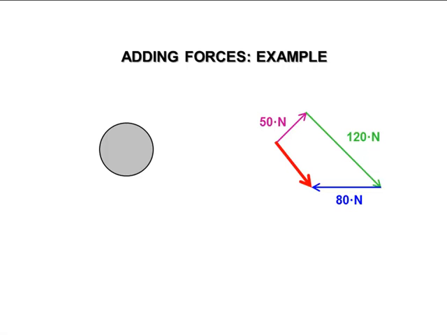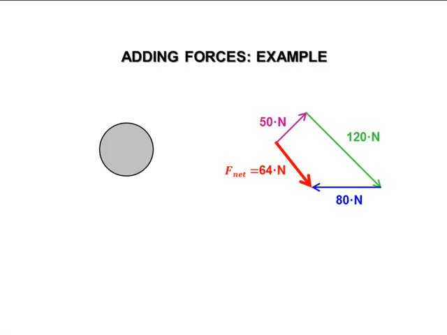If you look at it, definitely net force is bigger than 50. Also, very definitely quite a bit less than 120. So if it's somewhere between 50 and 120, probably closer to 50, down and to the right, that's what I want you to be able to do. If you actually do the calculation in detail, it turns out to be about 64 newtons, again rounded to the nearest newton.